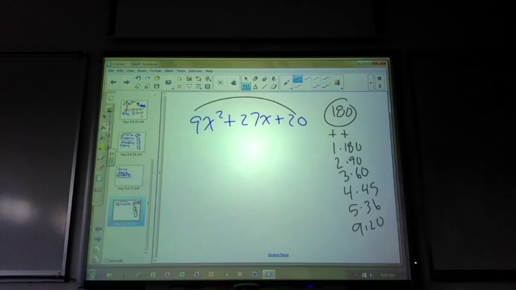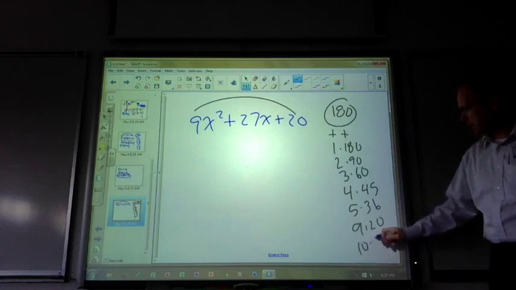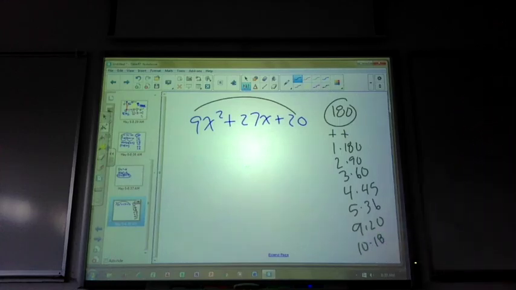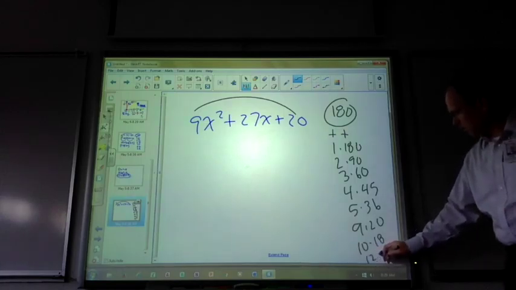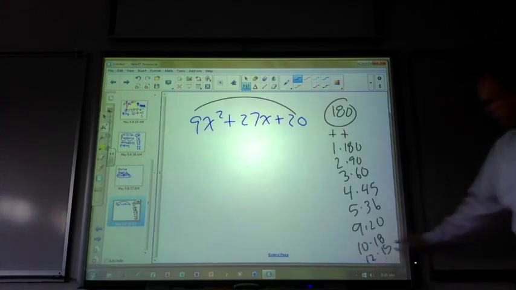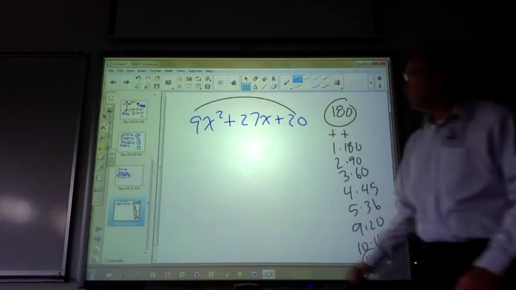Uh-oh. 10 and 18. Oh, shoot. We need something that's going to add up to the middle number. Did I forget one? Yeah, 12 and 15? Sweet. So 12 and 15 will both work.